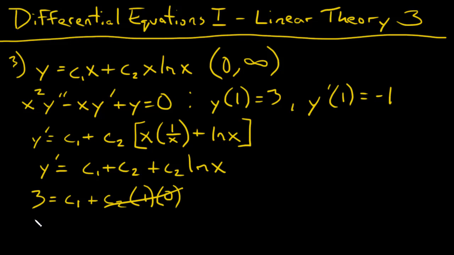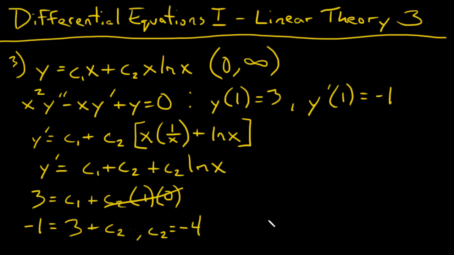And so y prime is negative 1, and that equals c1, which is 3, plus c2 plus c2 natural log of x. Well, we already know that that's going to be 0, so I can just go ahead and erase this. So c2 is going to equal, when the dust settles, negative 4, right?